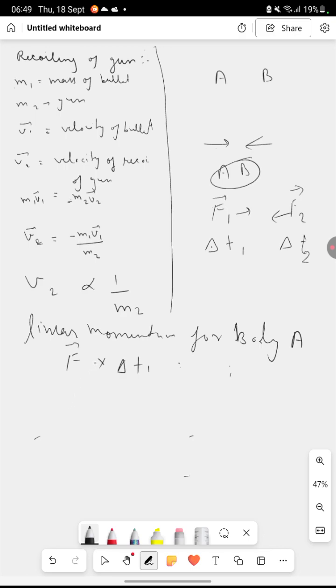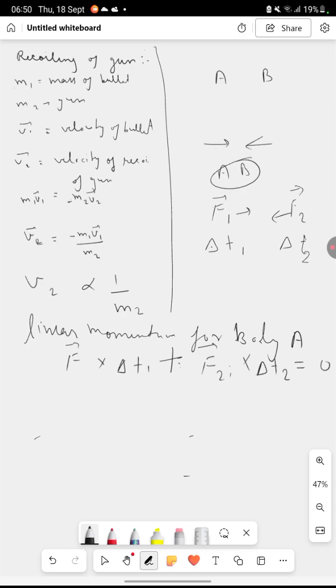Plus the linear momentum of the second body, F2 into del T2, is equal to 0. According to the law of conservation of linear momentum, the linear momentum of the two bodies will be conserved, so the total linear momentum can be set equal to 0.